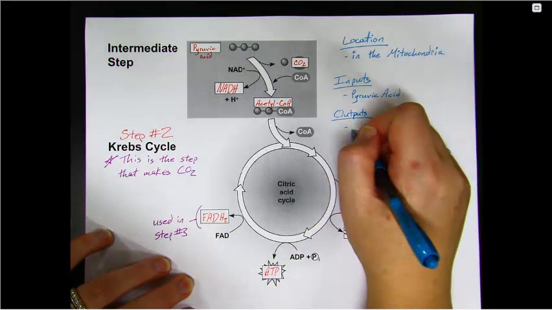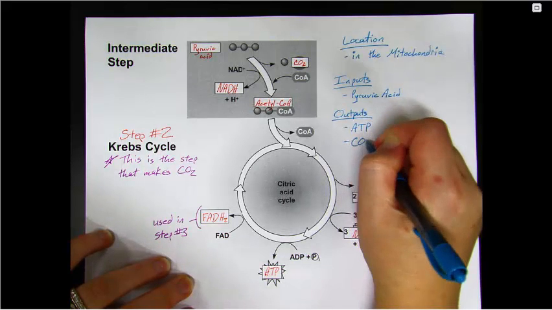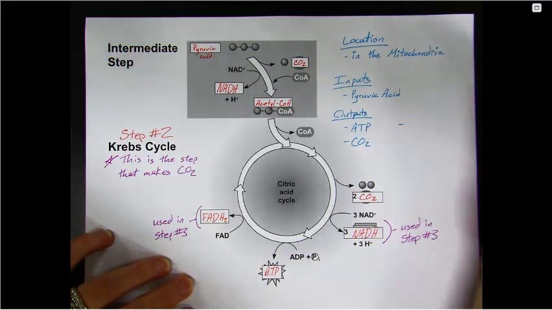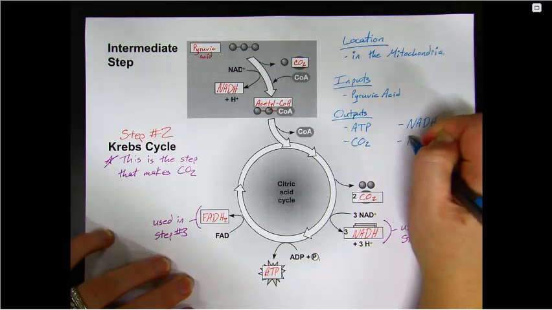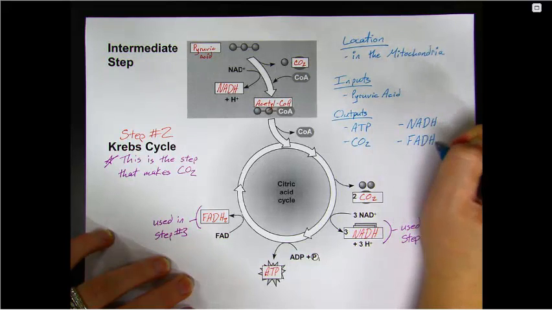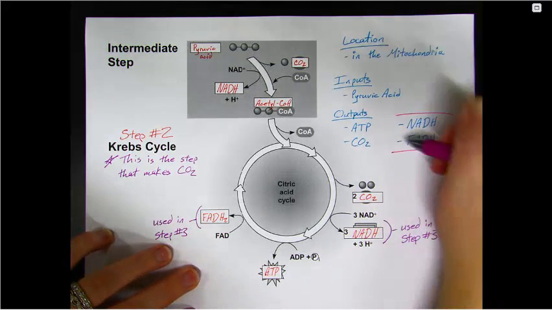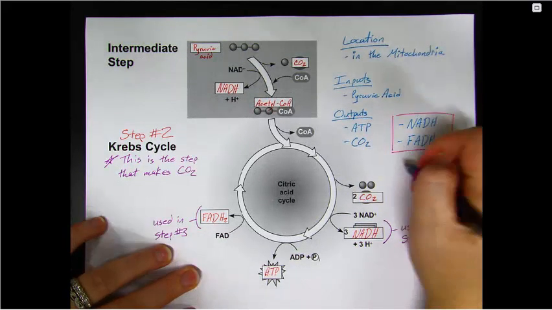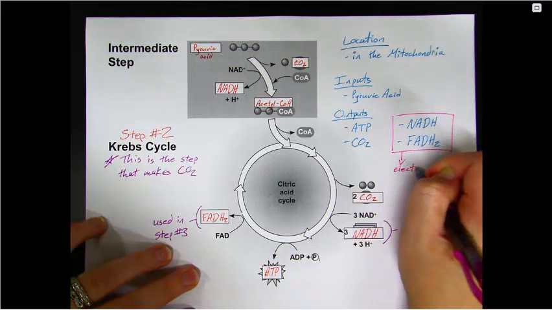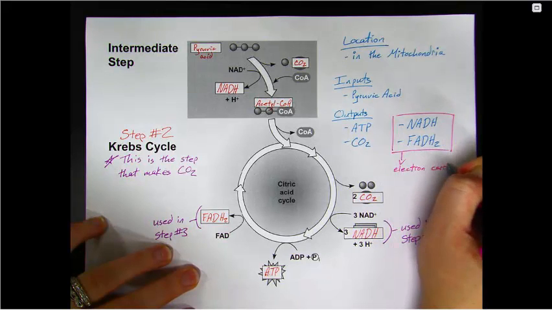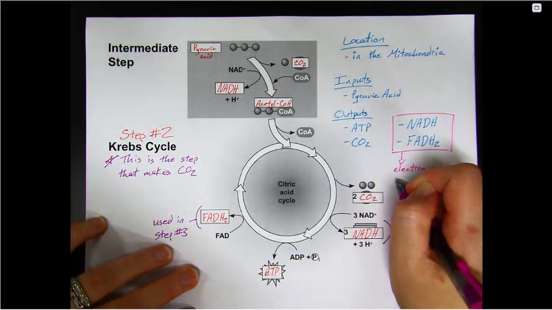We produce a little bit of ATP, we produce a little bit of carbon dioxide, we also produce NADH and FADH2. Now remember, the NADH and the FADH2, these are electron carriers, and these are needed to start the electron transport chain.